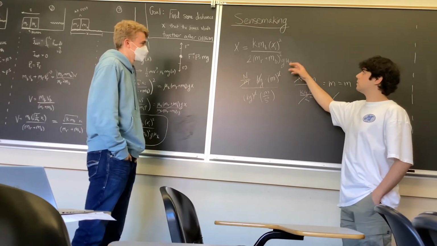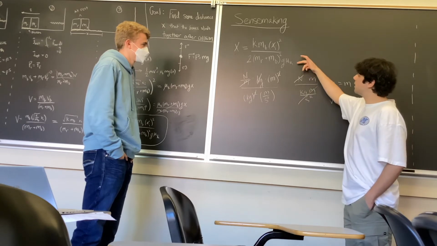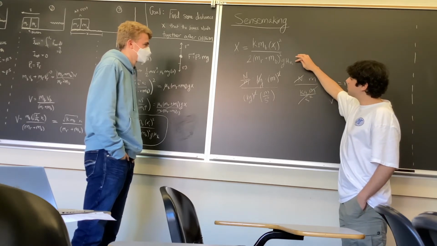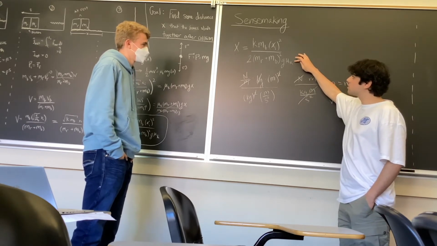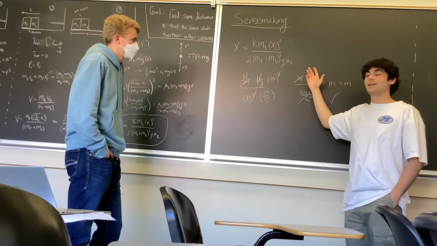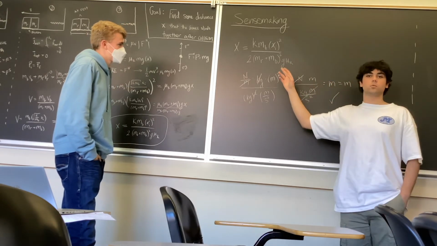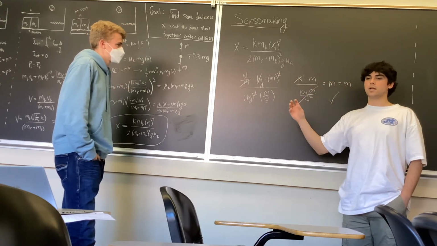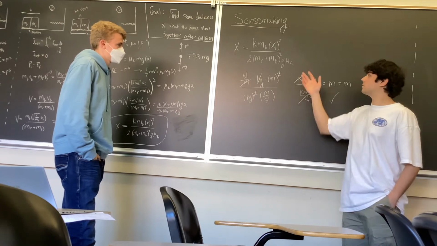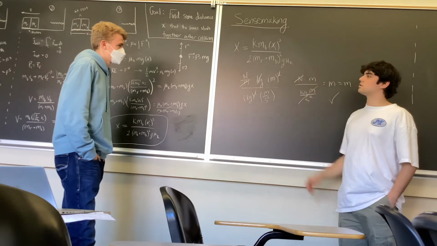And this would be the same with the coefficient of friction, sorry. If this were to be larger, then the distance would be less because the kinetic friction would just be more, so it would travel less.